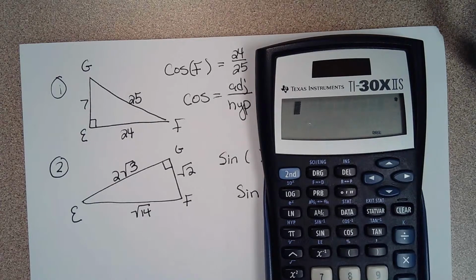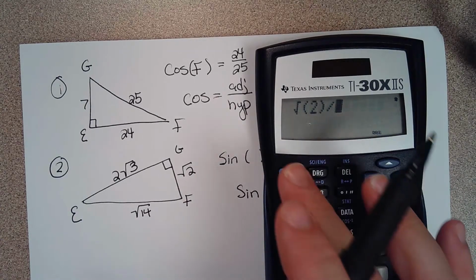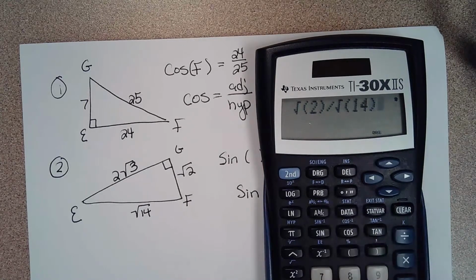So let's try the other one. Let's try E, with square root 2 as its opposite. So second 2 divided by second square root 14, and I get 0.377, which does round to 0.38.